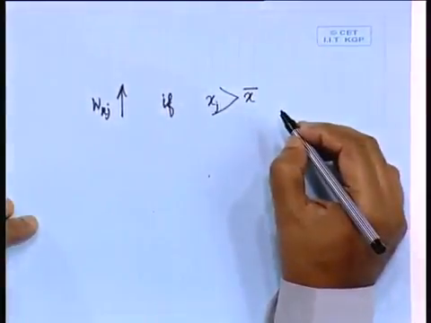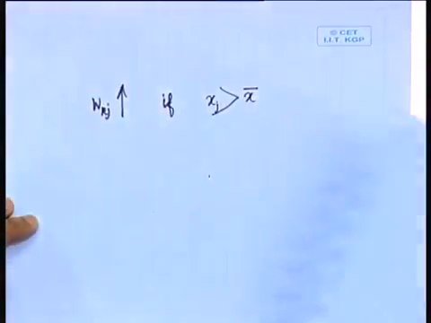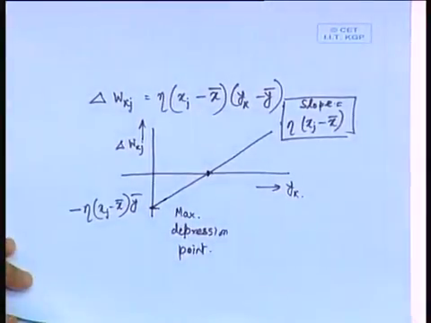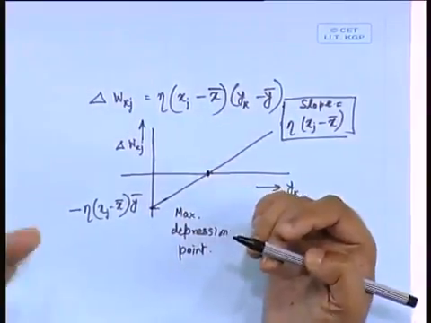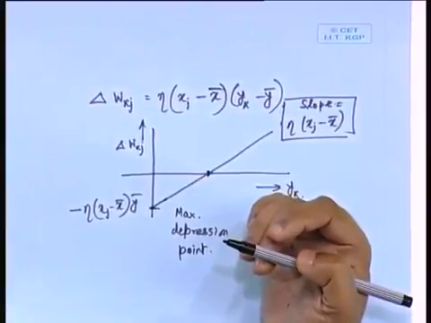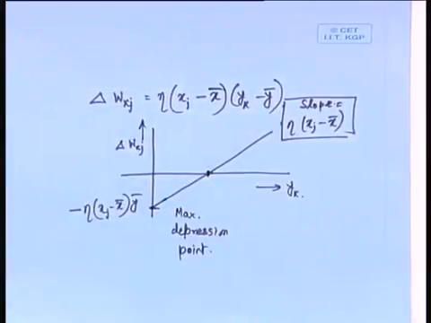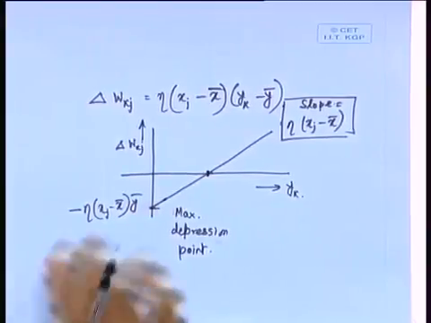Let me answer the earlier question in a better way: if you have problems imagining how it is going to be over a system, let us consider only one presynaptic and one postsynaptic neuron. Even then there is no harm in conceptualizing that x bar is the time averaged strength of xj. So, this is as it is.